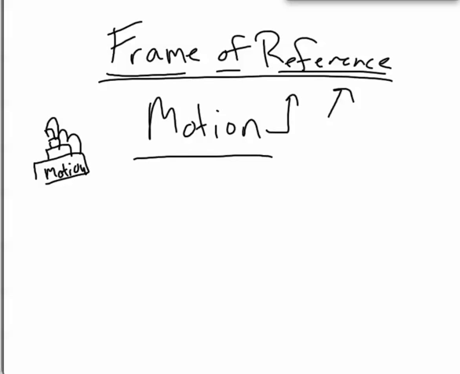So your frame of reference is the ground. The airplane seems to be moving relative to the ground, but to the person whose drink is right there on the tray table, it doesn't seem to be moving at all. So when we talk about motion, you always have a frame of reference. Most often the frame of reference is going to be the earth, but not always.